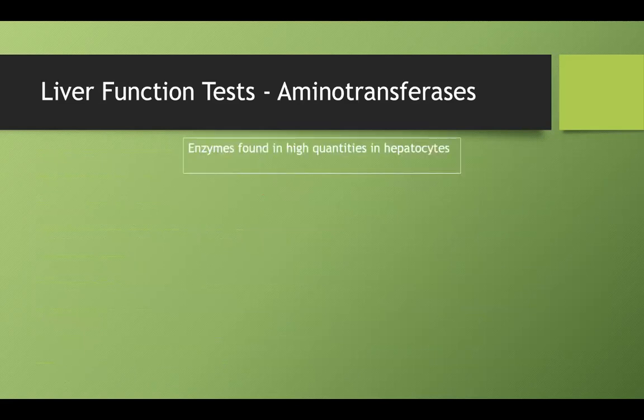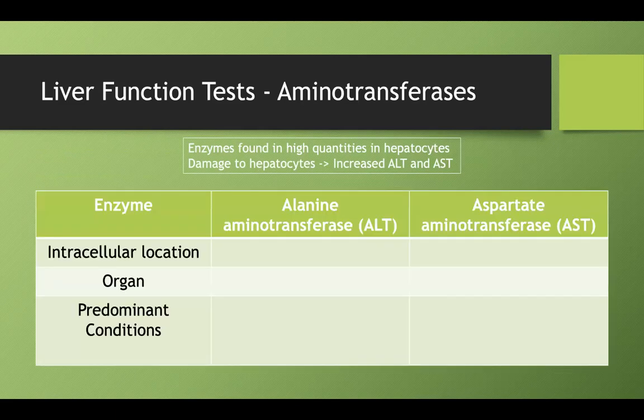So these aminotransferases are enzymes that are found in very high quantities in hepatocytes. And because of that, if there's any damage to the hepatocytes, you will often see increased levels of ALT and AST. I put this chart here to differentiate the differences between ALT and AST.